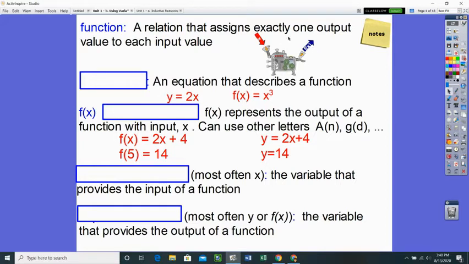So that is a function. An equation that describes a function, here are two right here, is called, two words, a function rule. And you might remember we saw that in our topic on the first slide. So today we're going to be talking about function rules.